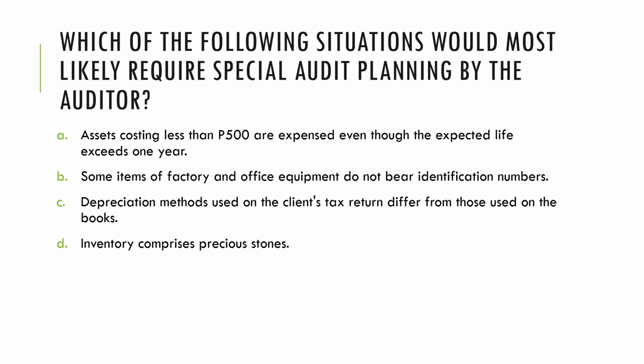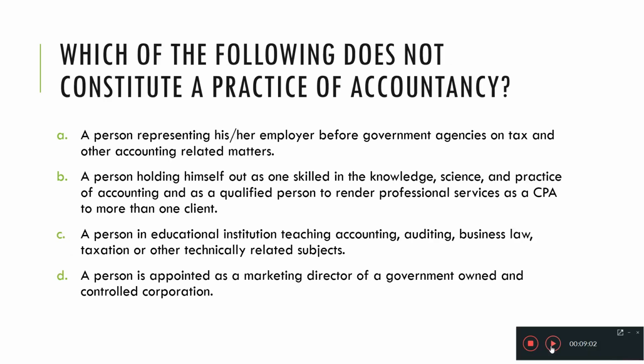The answer, therefore, is letter D, where inventory comprises precious stones, because the valuation of these stones, gems, and maybe other important metals are beyond the auditor's expertise. So, letter D definitely would require the use of special audit planning and maybe even the presence of an expert. So, Delta is the answer to this question.